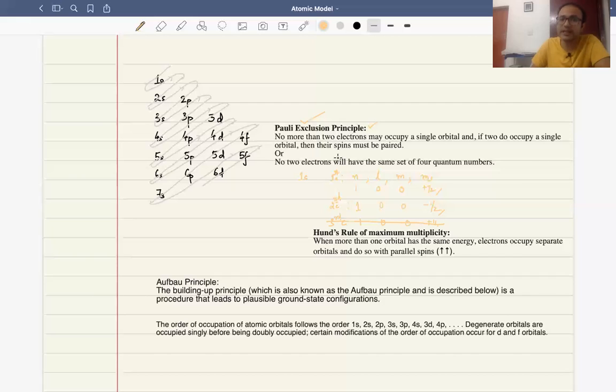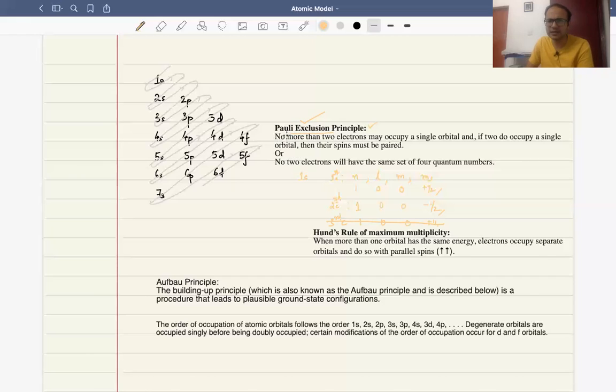And that is why each orbital can occupy only two electrons. That was the first thing that I taught you while I was talking about orbits and orbitals. I told you that an orbital can occupy only two electrons. That is a direct consequence of Pauli's exclusion principle.